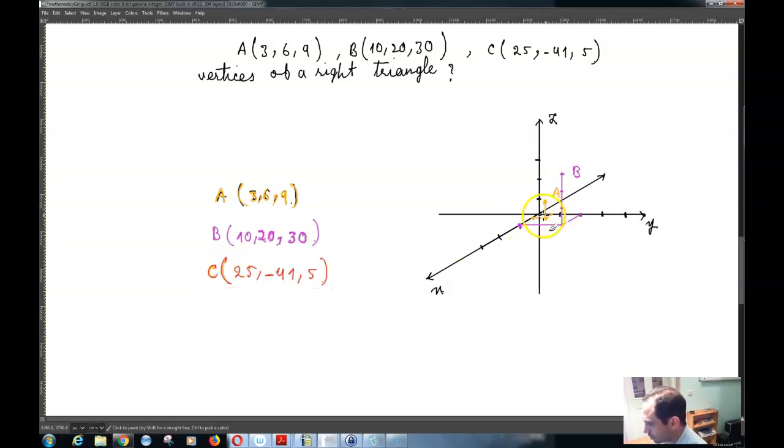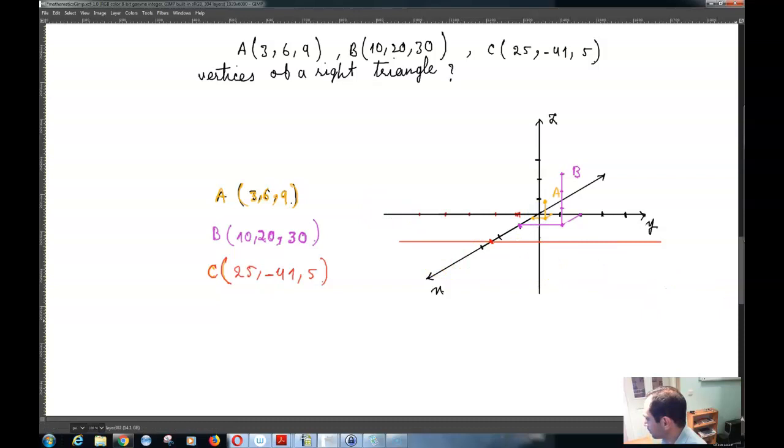So 25 would be along the x-axis, over here, and negative 41, if I draw a line parallel to the y-axis, actually the other way over here, because that point is negative, and then 1, 2, 3, 4, and 5 over here.